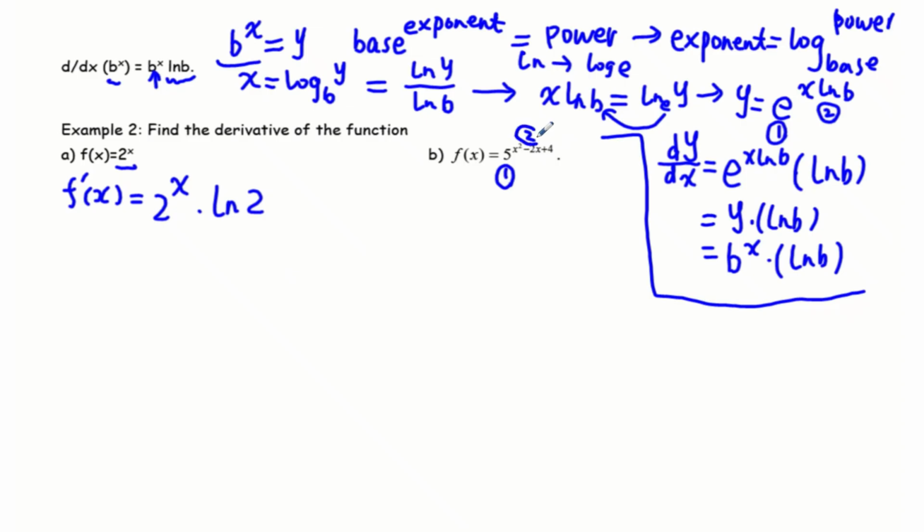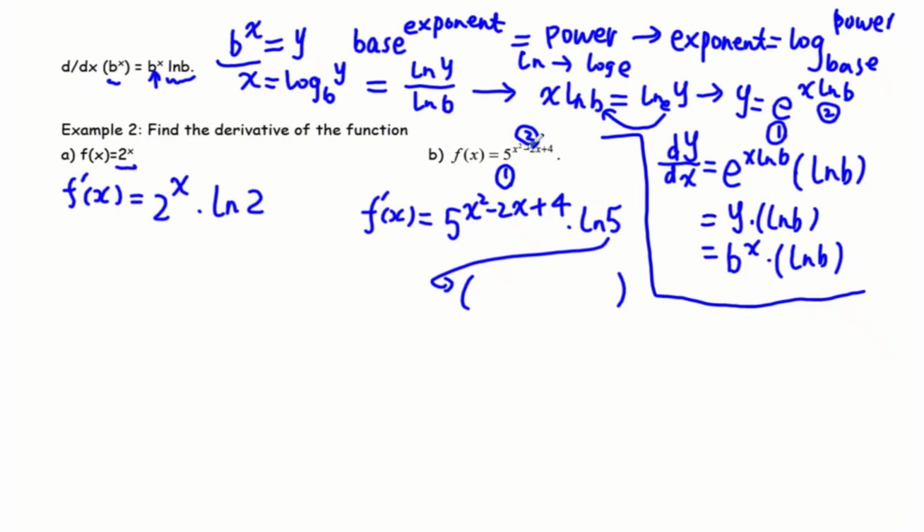Then we do the chain rule for this one. So f prime of x equals 5 to the exponent, it won't change, it is itself. Then times, don't forget, ln base 5. Then continue with the chain rule for the exponent, so it's 2x minus 2. Then it's done.